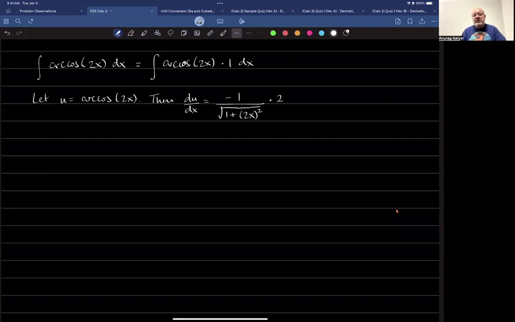This is why we need to know our derivatives. So it's -1 over the square root of 1 plus this argument squared times the derivative of the argument. So the derivative of 2x is 2.